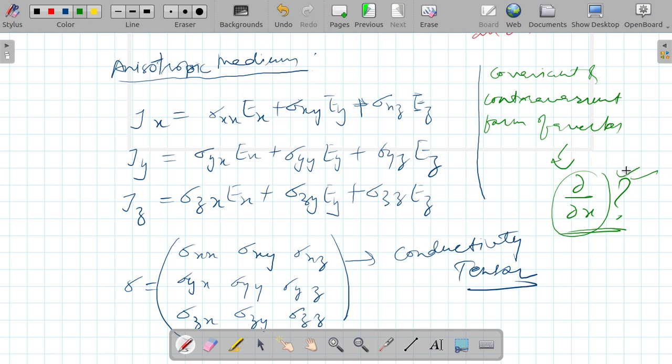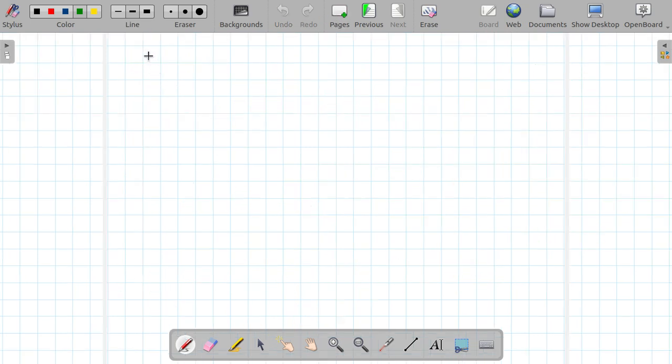In the same manner, I can define covariant and contravariant tensors of rank 2.